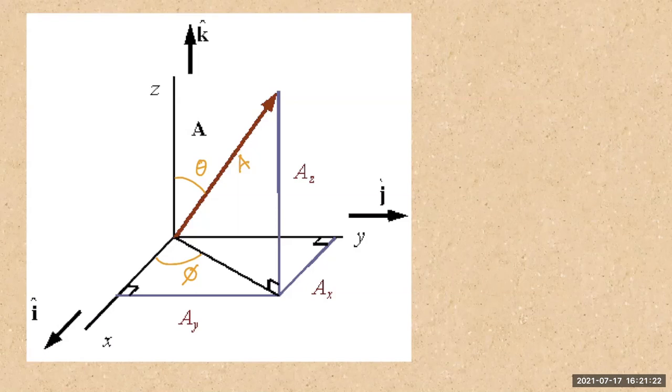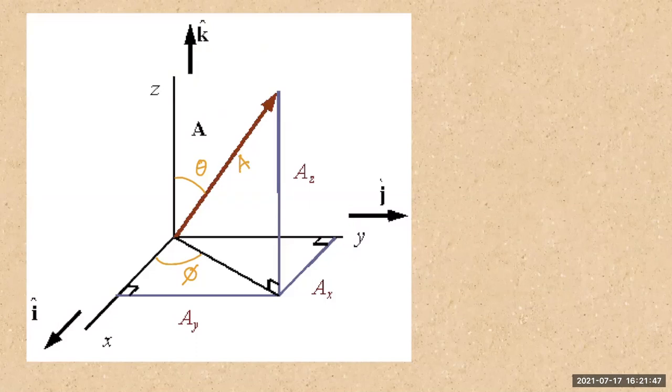In 3 dimensions, you need 3 numbers. These 3 numbers could be the 3 components on x, y, z. That is, you're given a_x, a_y, and a_z. You can also be given, in the spherical coordinates, 3 alternative numbers: the magnitude a, the angle theta, and the angle phi.